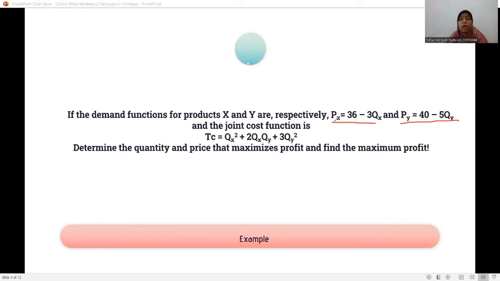And the joint cost function is TC equals Qx squared plus 2QxQy plus 3Qy squared. Determine the quantity and price that maximize profit and find the maximum profit. Let's answer this question.